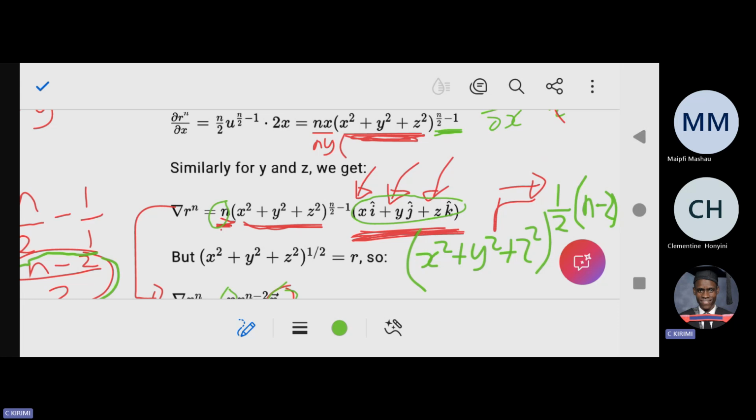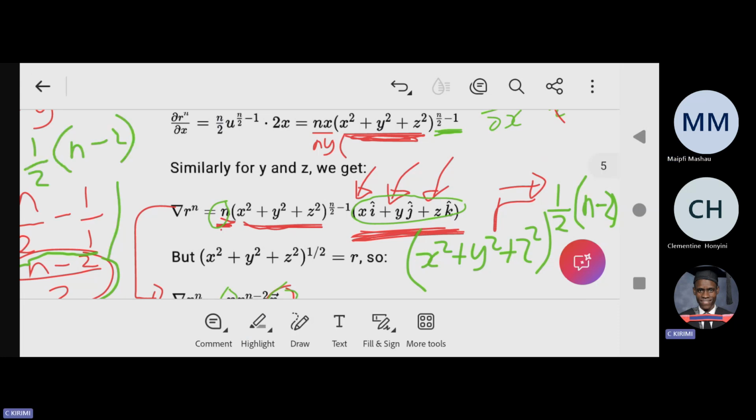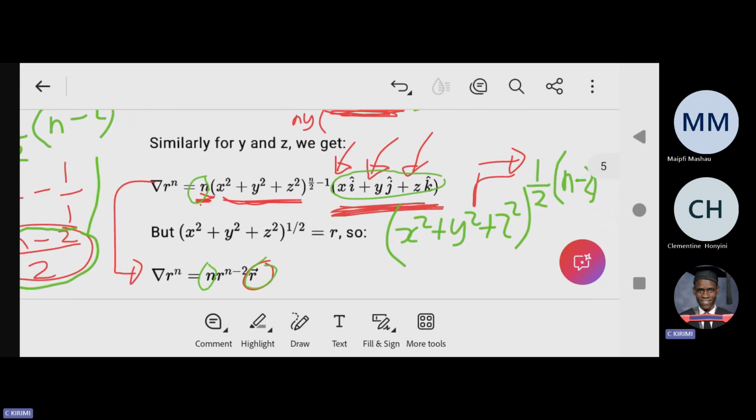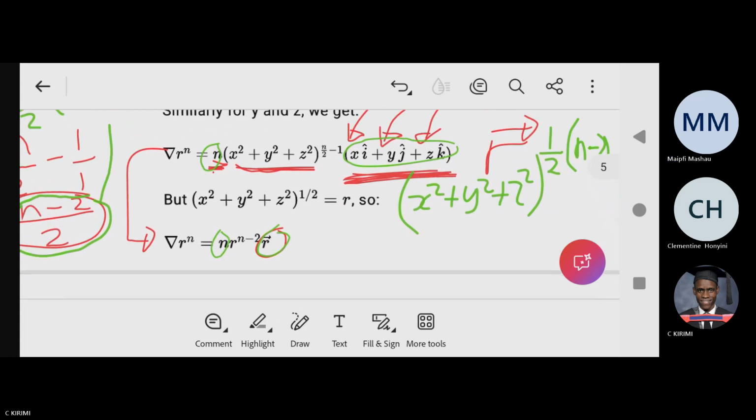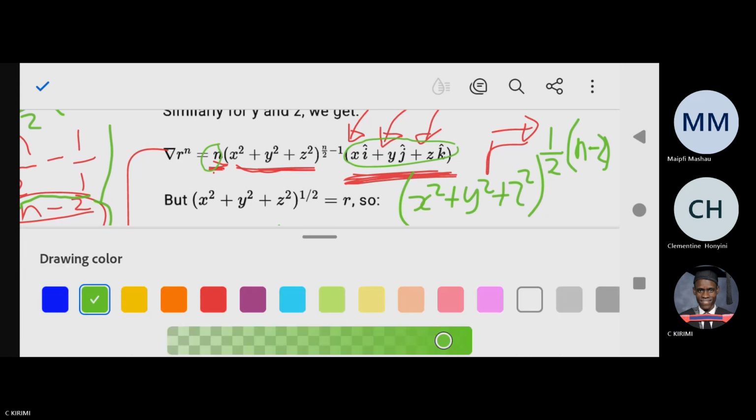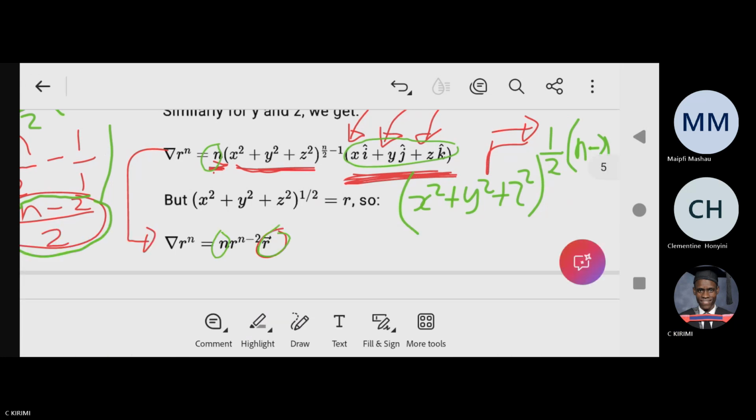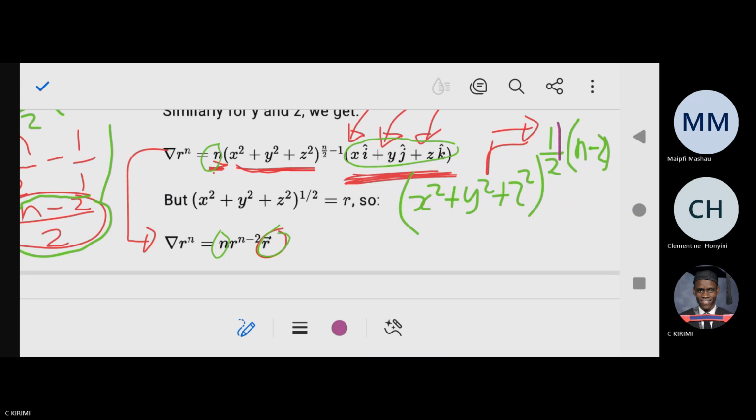So this expression can also be written as half multiplied by n minus 2, because half is a common factor. From there, using a different color, I can notice that this part is what can also be written as r, because r is the square root, which means to the power half.